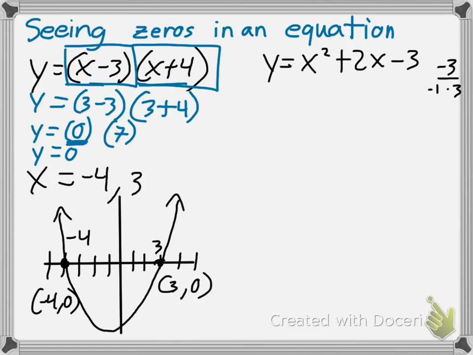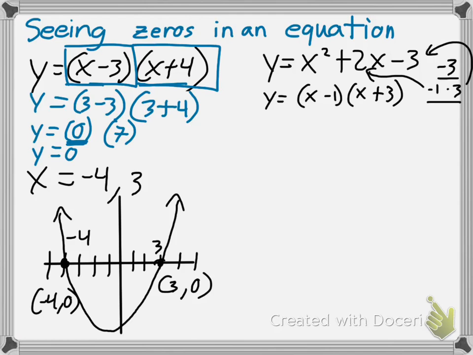So if I made the 1 a negative, then it would work out so that I could write it like this. Y equals x minus 1 times x plus 3. Remember that this has to add to be 2 and multiply to be negative 3.